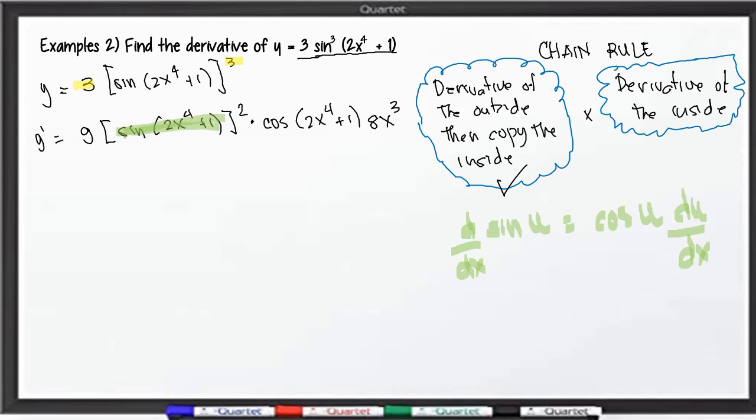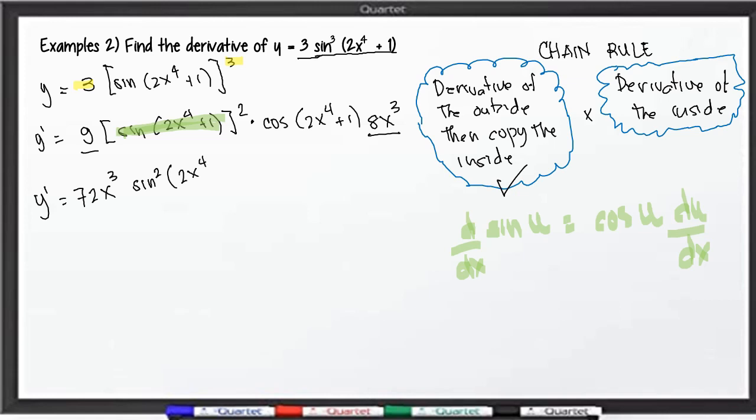Okay? Ganyan lang po talaga kadali kapag ina-apply mo lang yung chain rule, no? So, what will happen is we just have to rearrange the terms. 8x cubed times 9, y prime will be equal to 72x cubed. Tapos, sine squared. Sine squared na lang to. Kasi binalik natin sa form na yon kasi nagpa-finalize na tayo, no?